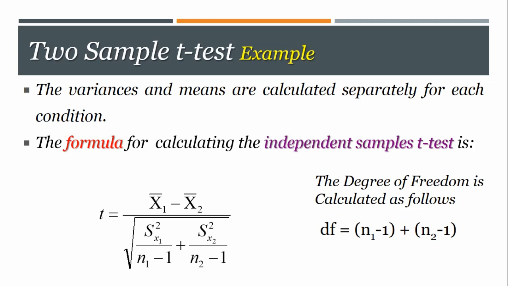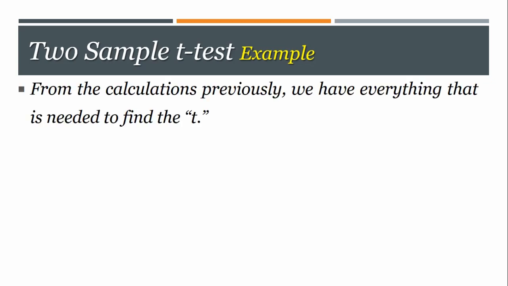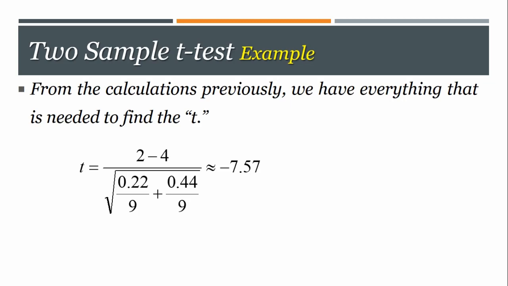Since we have two data sets, the degree of freedom is calculated with the formula n1 minus 1 plus n2 minus 1. After putting all the values in the formula of the unpaired t-test, the value obtained for the t-statistic is minus 7.57. The degree of freedom obtained is 18.